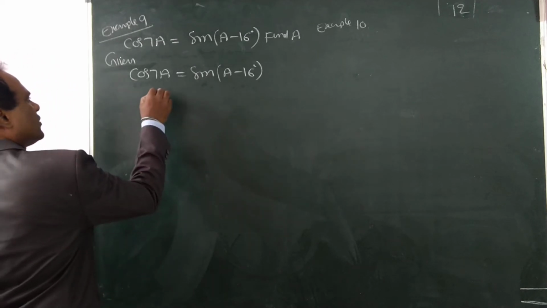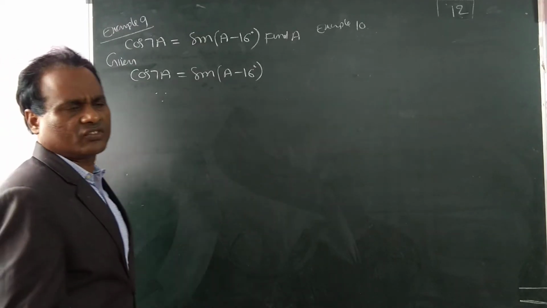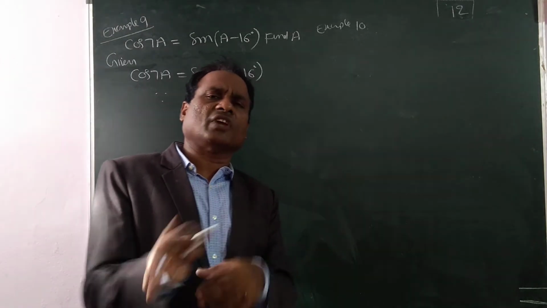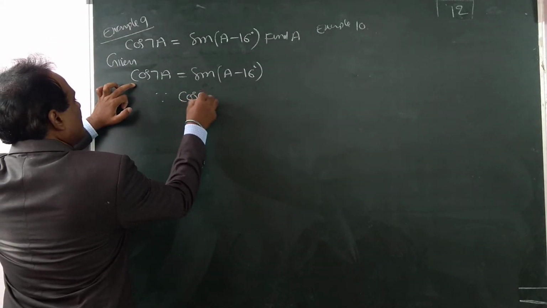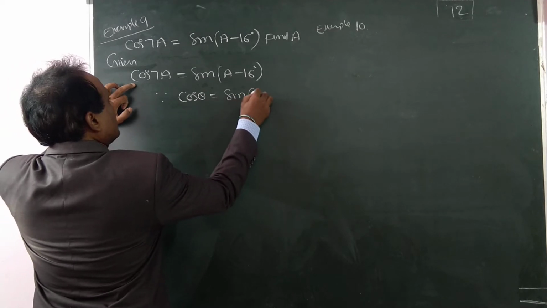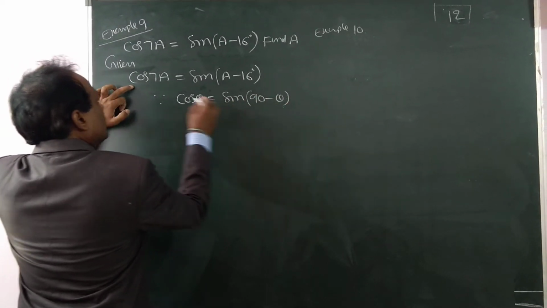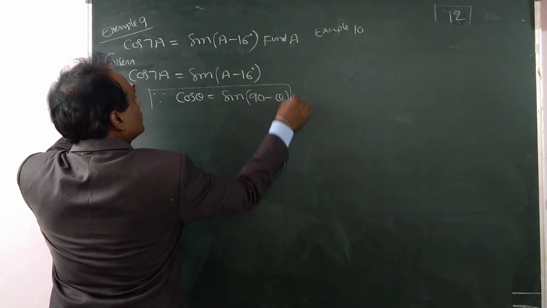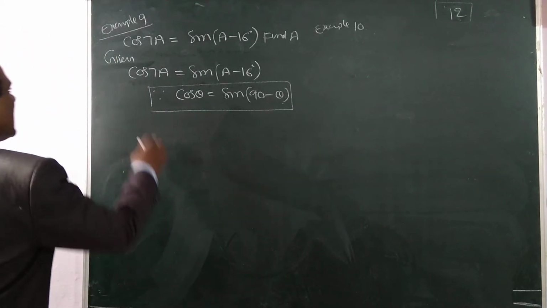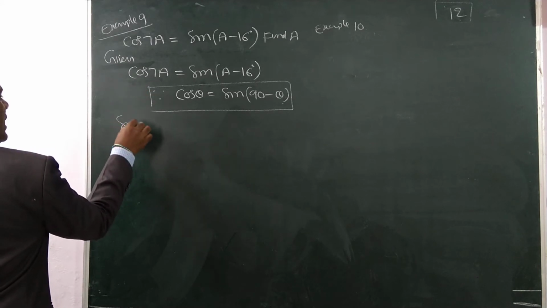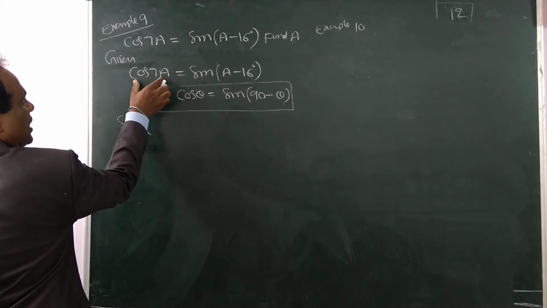We have a lot of formulas in this chapter, so any type of change we can make. We can make cos theta equal to sine of 90 minus theta. This is the formula we studied. Use this formula in place of cos theta.